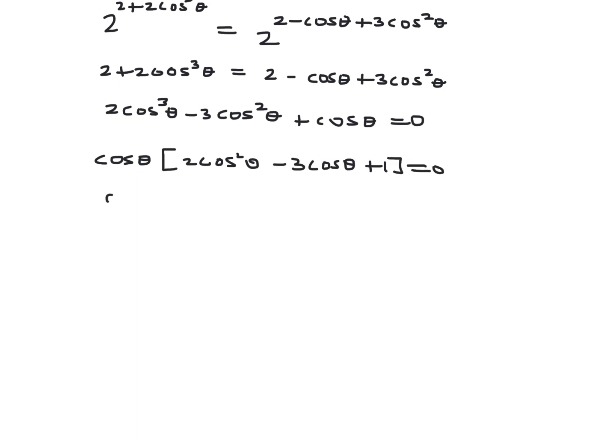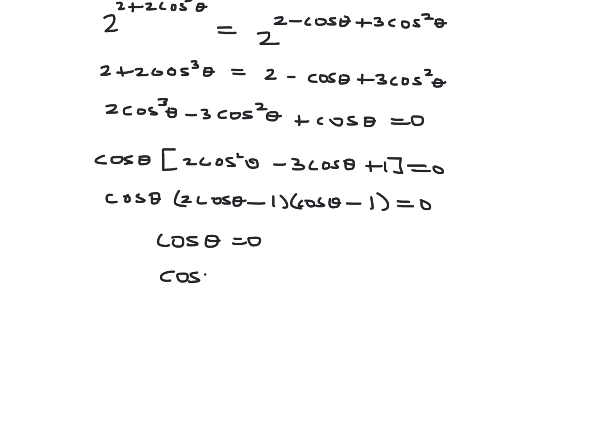And I think that also factors what's in the brackets very nicely. 2 cos theta, 1, 1, negative, negative. Great. So that means cos theta is either 0, 1, or 1/2.